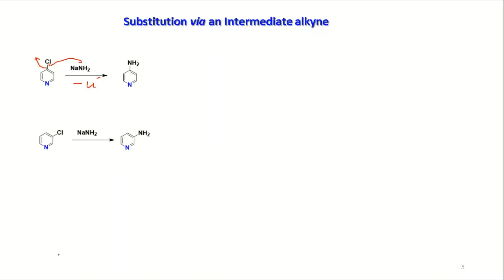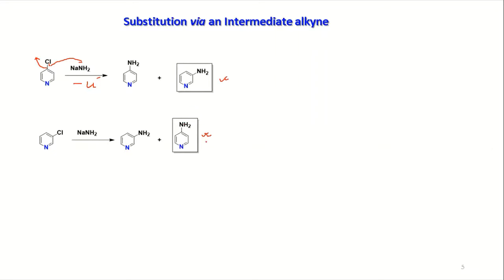Actually, experiment tells no, you have other products too, and they are in measurable amounts. You have considerable formation, for the first case, of the meta or beta position amide or NH2 group installation, and in the case of the second reaction, the gamma position or the para position amide group installation.